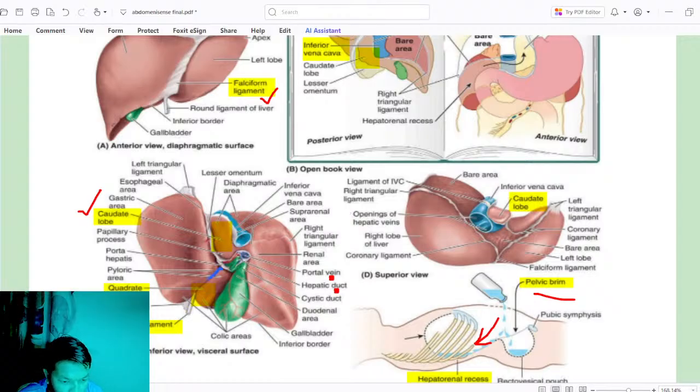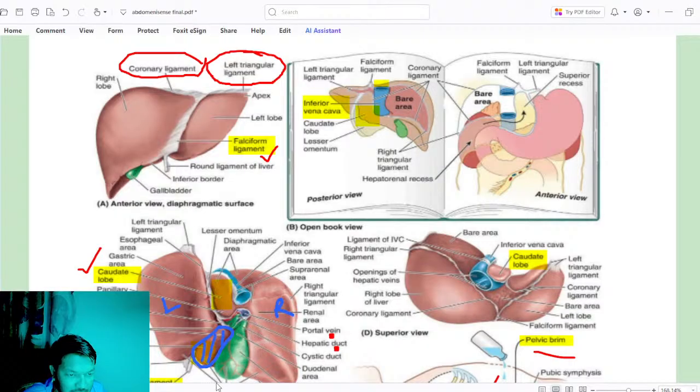This is the quadrate lobe. This is the right side, this is the left side, because this is the posterior view, and this is the anterior view.